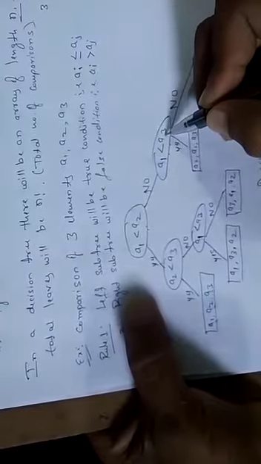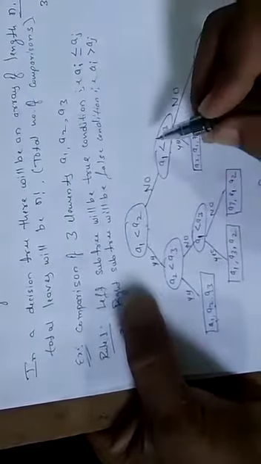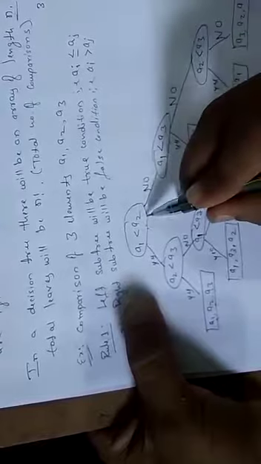Then compare a1 with a3. If a1 is less than a3 is true, then a2 becomes the smallest element in the order. Right here a2. a1 is less than a3 but not less than a2. Then a1 is in the middle and a3 is the greater one.